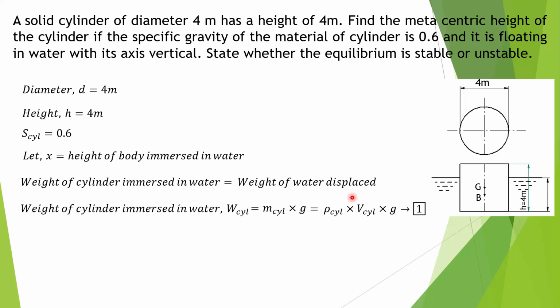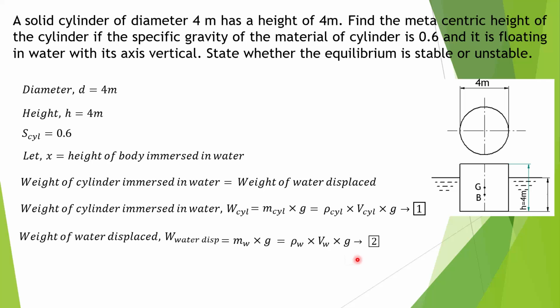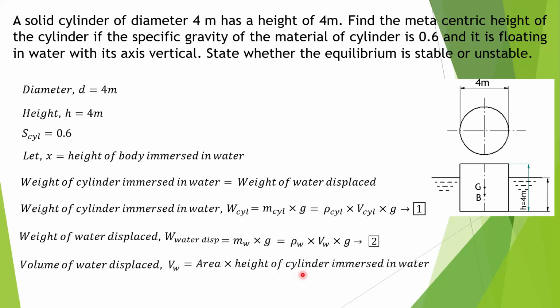Now weight of water displaced is equal to mass of the water displaced into g. Mass of the water is equal to density of water displaced into volume of water displaced. We'll take it as equation 2. Now the volume of water displaced is equal to area of the cylinder multiplied by height of cylinder immersed in water, that is x.